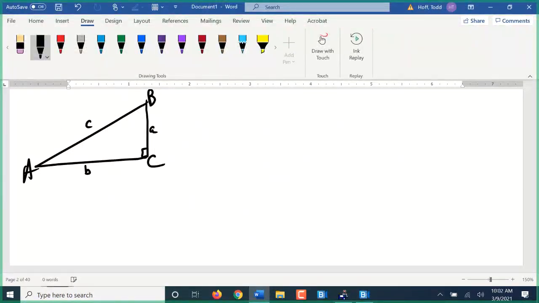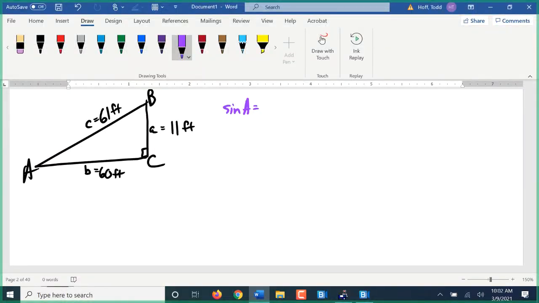So if I have a triangle again here, let's say I know side A is 11 feet, side B is 60 feet, and side C is 61 feet. I ask you to find the sine of angle A. Well, remember, sine is opposite over hypotenuse.